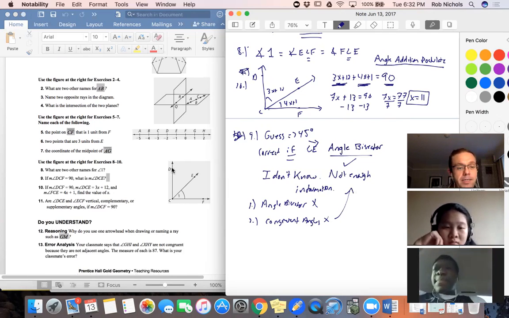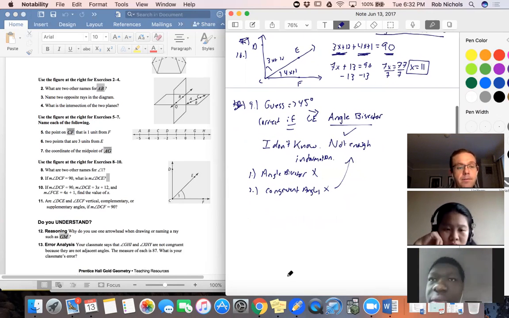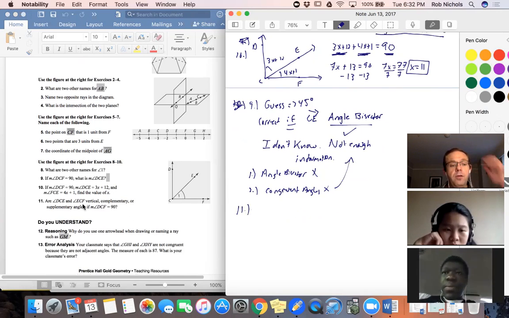Okay. Now, look at 11. What if we know DCE and ECF are vertical, complementary, or supplementary if I know that DCF equals 90? So here's what the question's asking. If you know the entire angle adds up to be 90 degrees, what must the two smaller angles be? What's the vocabulary word for that?